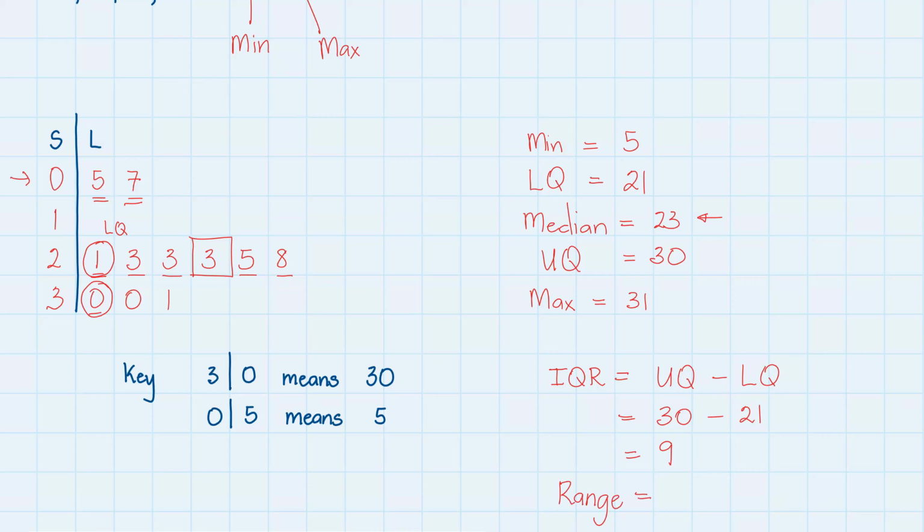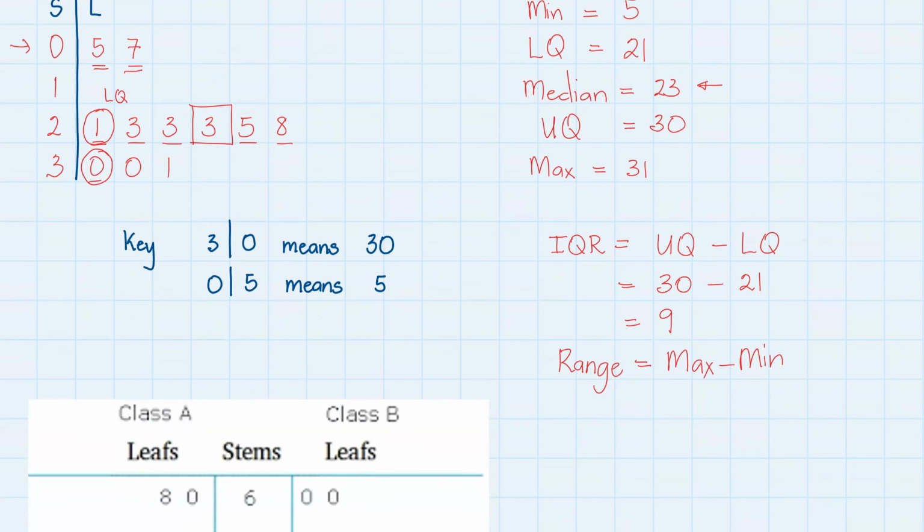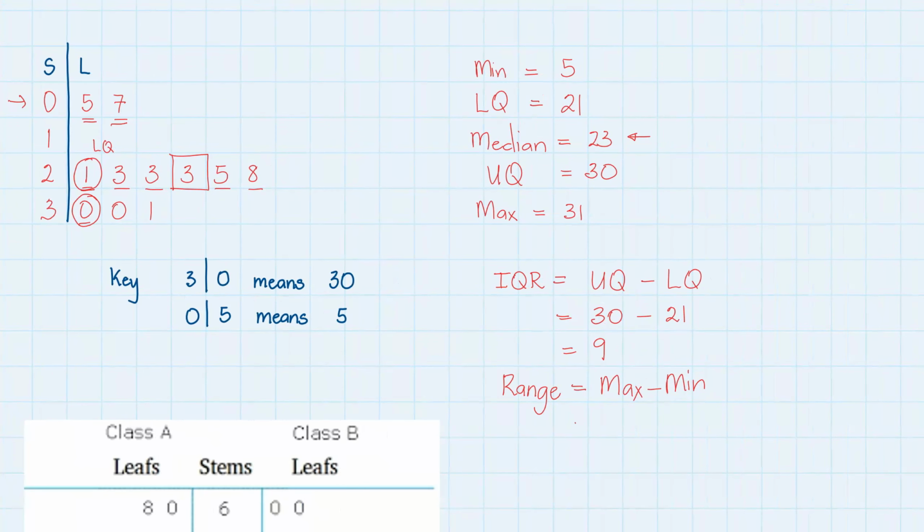The range is just the difference between the maximum and the minimum. The maximum minus the minimum is 31 minus 5, which is 26. So quite a few things you can get straight away without having to do too much more work once you've got your stem and leaf. I'll just rub off all these little bits and pieces.